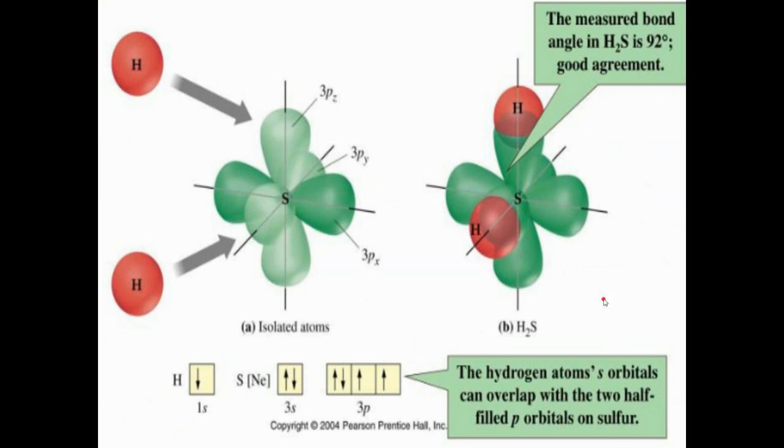And this creates a bent structure overall. So this is our drawing using orbital level diagrams. We don't show all the orbitals, we're just showing the ones we're interested in. This H overlaps over here with the single electron from the sulfur in the 3p, and this H overlaps over here with the other single electron from the sulfur in the 3p to get this overlap over here.